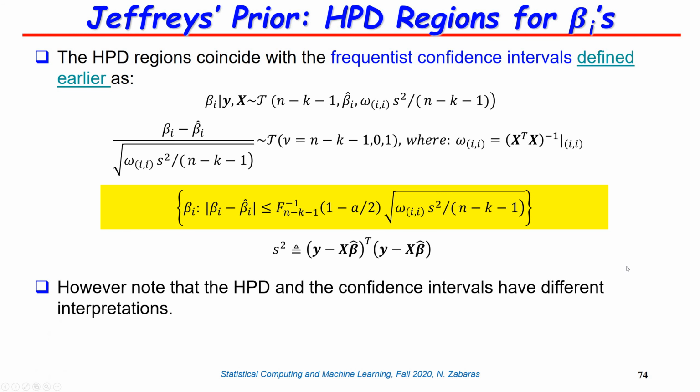However, note, and I mentioned this earlier, these high probability density regions and the confidence intervals that you get in a frequentist setting have completely different meanings. They look the same, the results, but the meaning is very different.